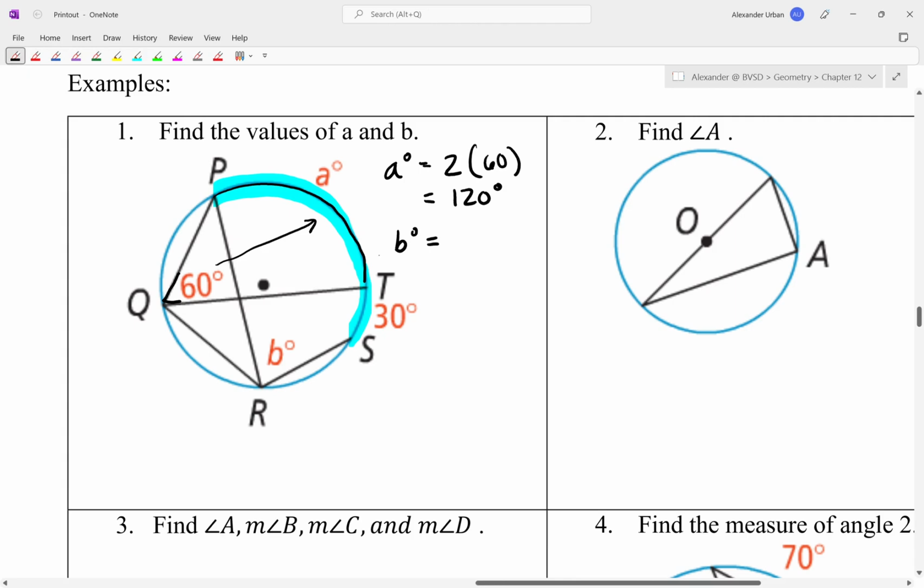So P to T and T to S. So in this case, angle B has to be 1/2 of 120 plus 30. So it's half of 150, and half of 150 is going to get you 75. So angle B is 75 degrees. Arc measure A is 120.